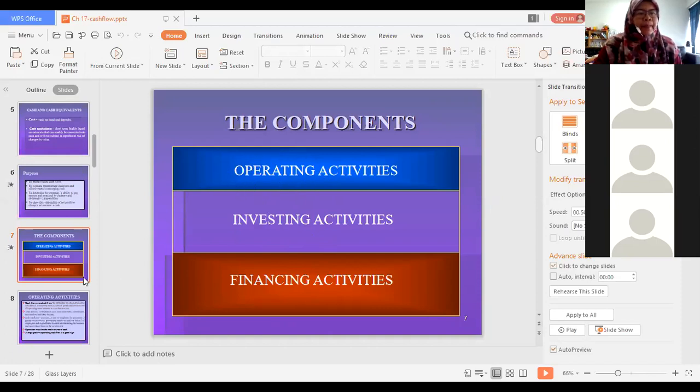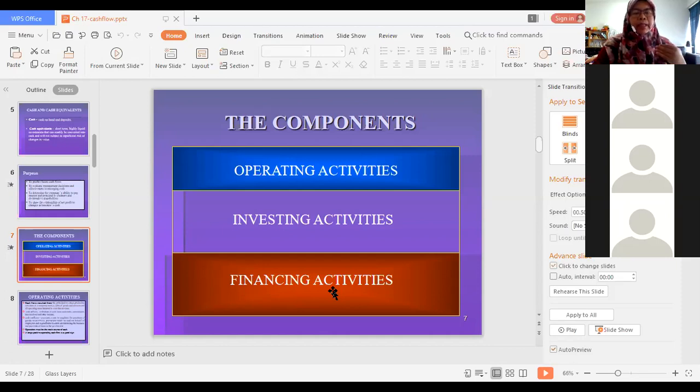Investing activities is on long-term assets or non-current assets. Financing activities, from the word finance, meaning where did you get your money from? So for the financing activities, you have to look at your money in and out from borrowing, meaning from long-term liabilities, and also from the owner.